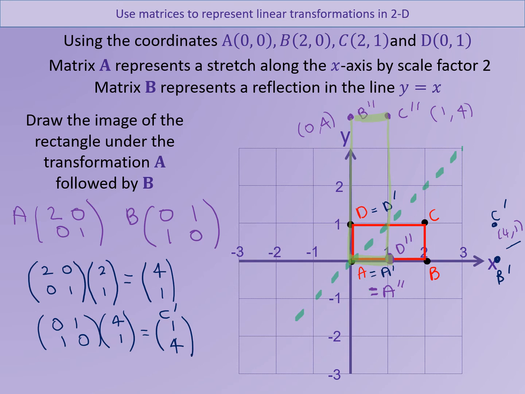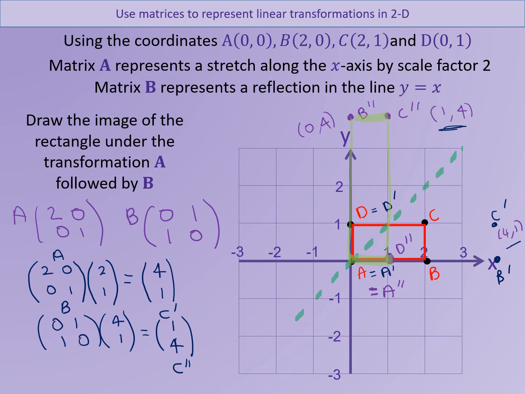Which if we look up here at the top, this is what we've got for our C double prime. Now, the order in which we have performed these transformations is important. We applied transformation A first, followed by transformation B.